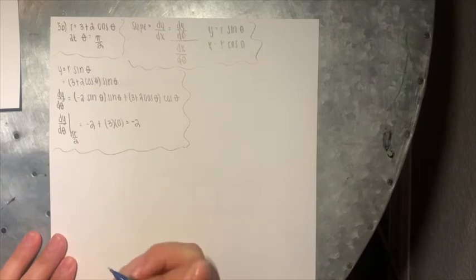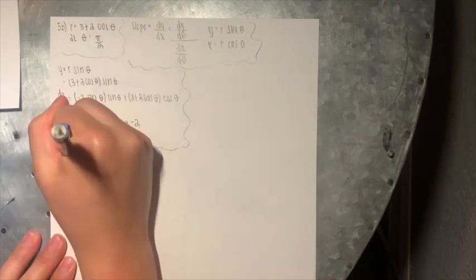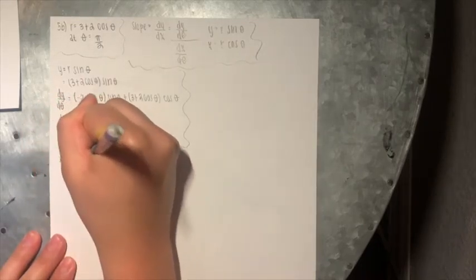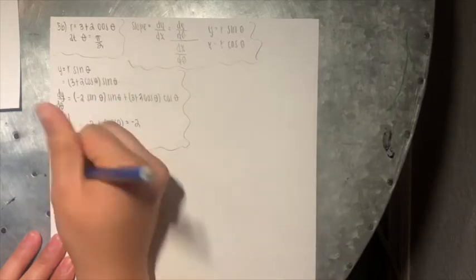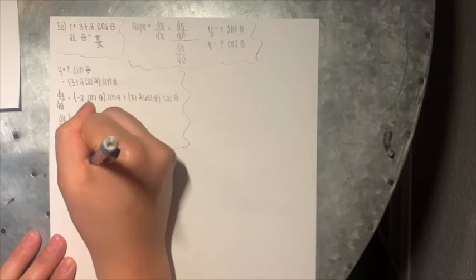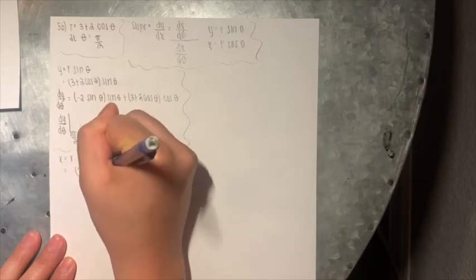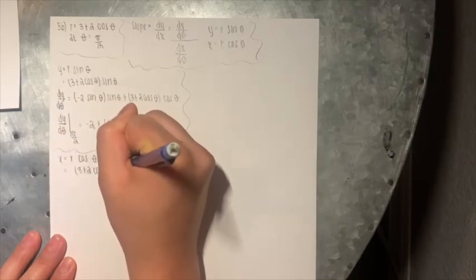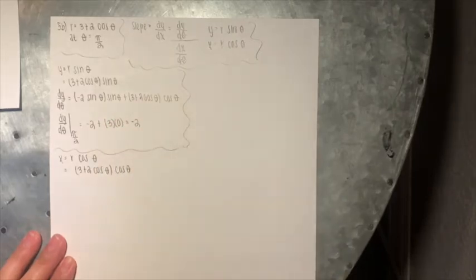Now we want to go for x. So x equals r cosine theta, and this will equal 3 plus 2 cosine theta times cosine theta once we plug that in.